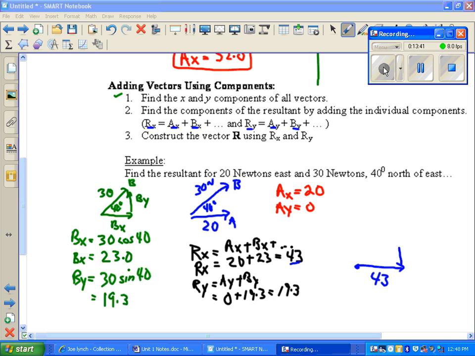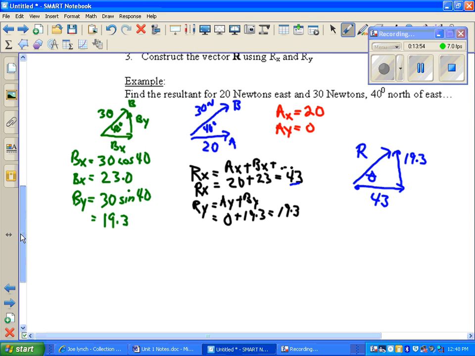So I'm going to go up 19.3, and then I'm going to draw in my resultant. I'm going to find that, and I'm going to find the angle. In order to find the resultant, this makes a right triangle, so I can use the Pythagorean theorem. So R squared is equal to 19.3 squared plus 43 squared. If I do that, I end up with R is 47 newtons.